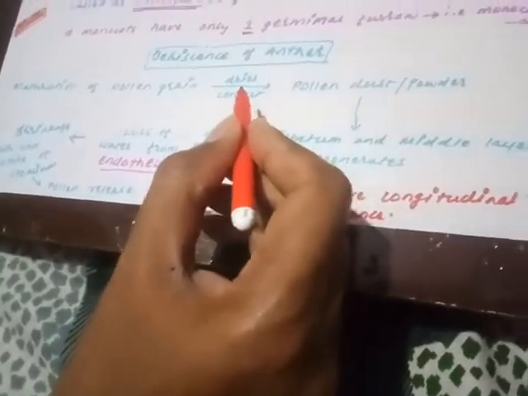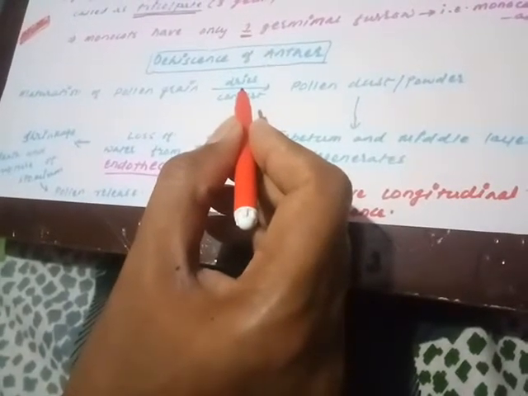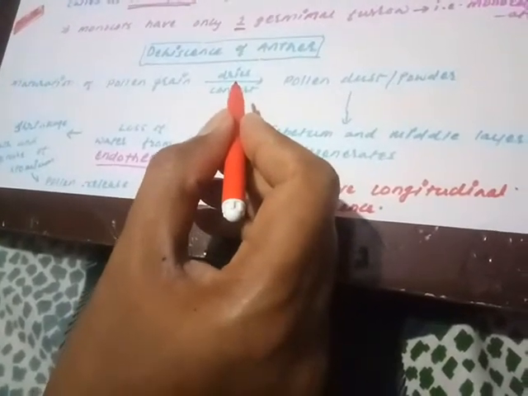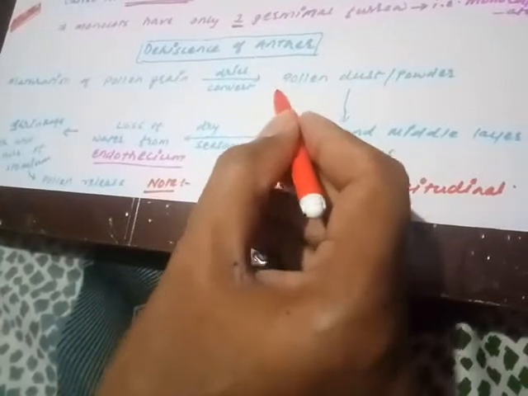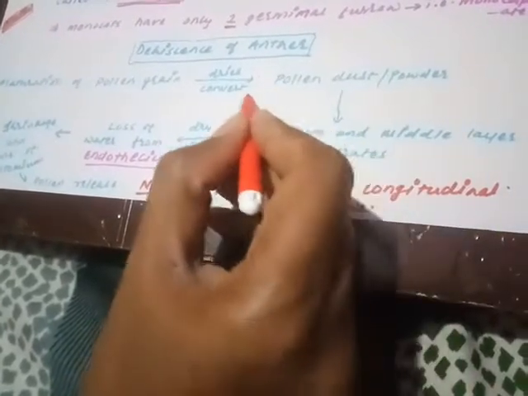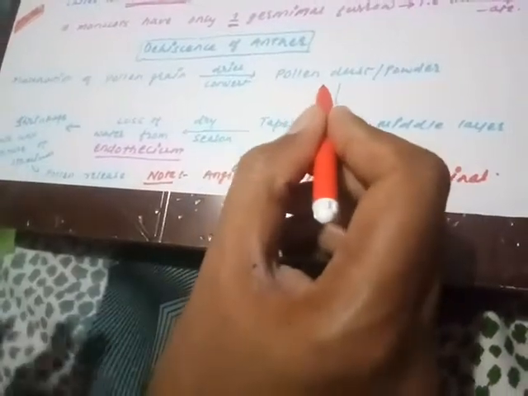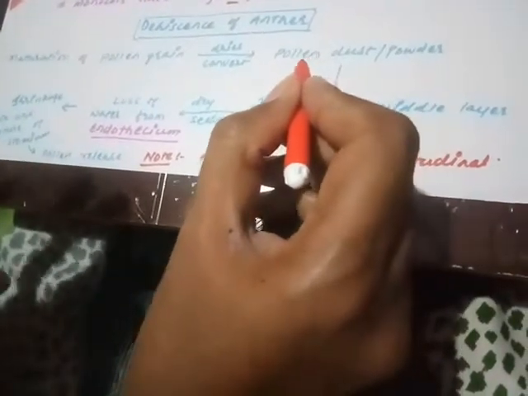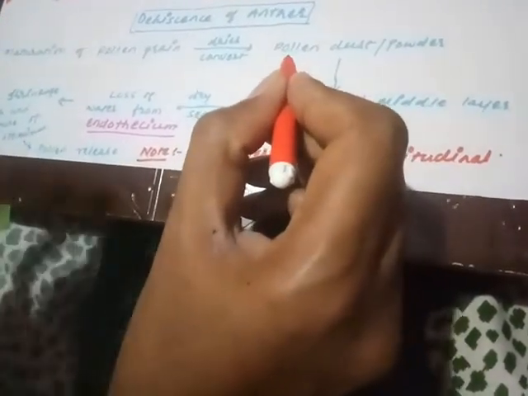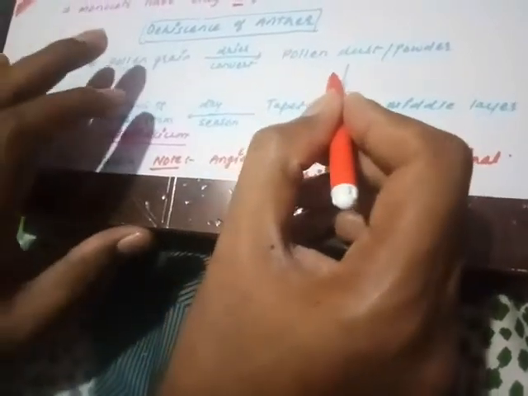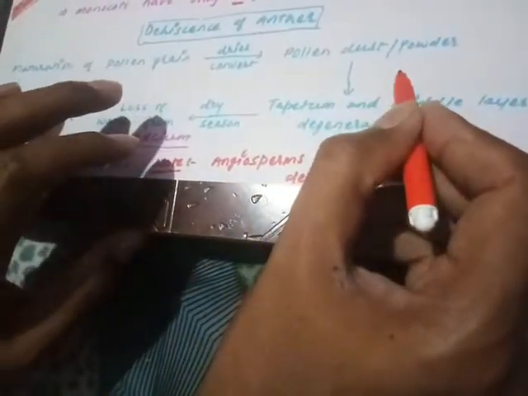When the pollen grains mature, they dry up and are finally converted into pollen dust or pollen powder. Is it clear to you all? This is the first step.